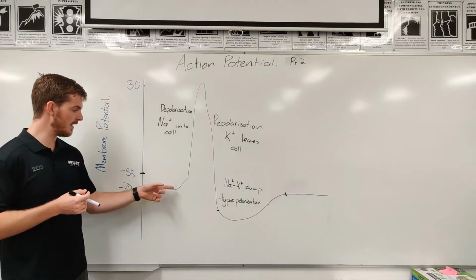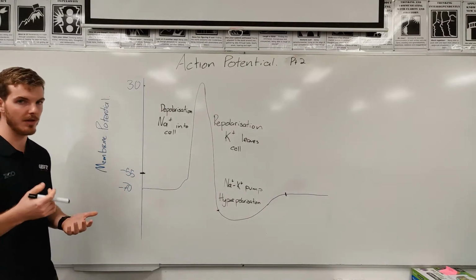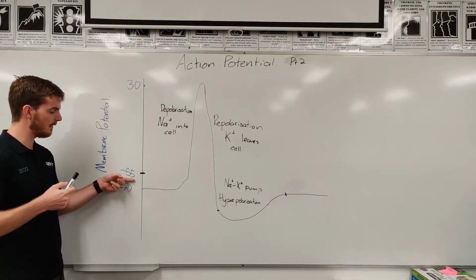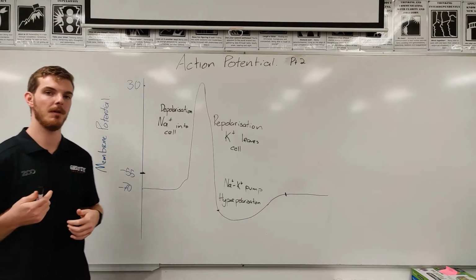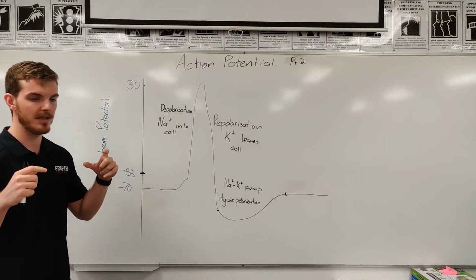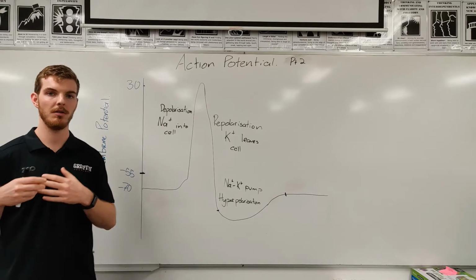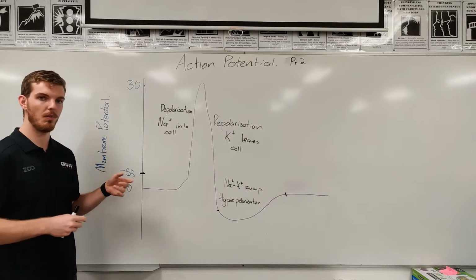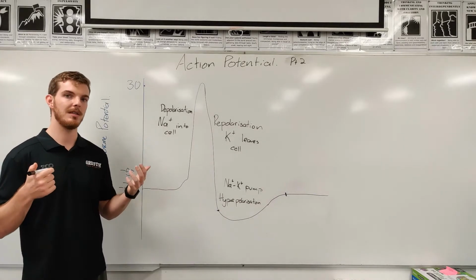For an action potential to occur, it has to reach the threshold of -55 millivolts, which means there has to be a slight change in the membrane potential. If it doesn't reach this threshold, no action potential occurs. But once it reaches this threshold, that opens the sodium gates.